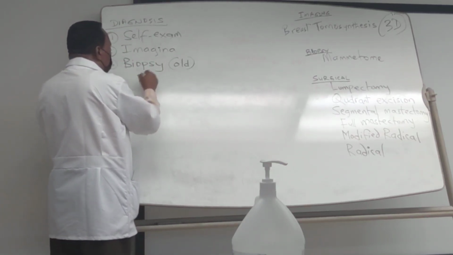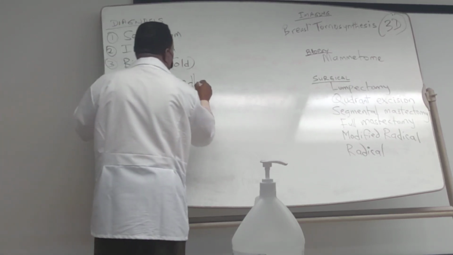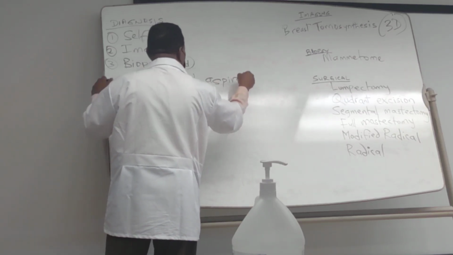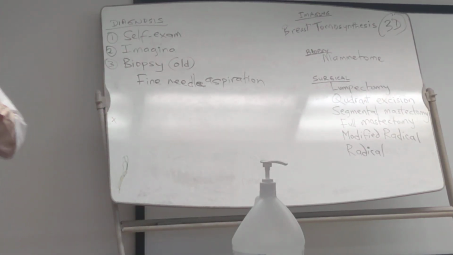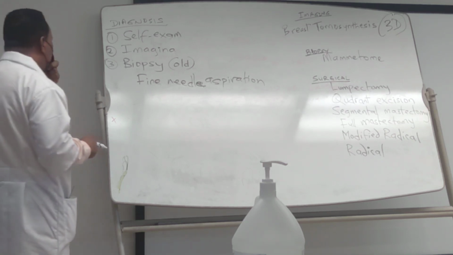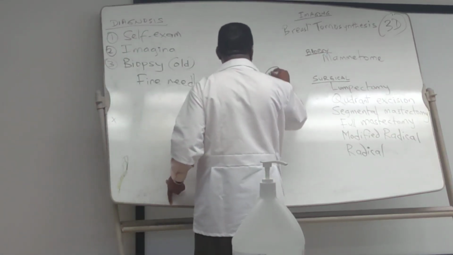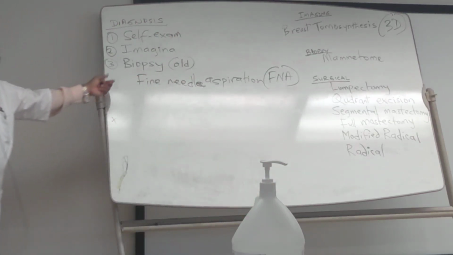Now you have the fine needle system. That is called fine needle aspiration. So a very fine needle is just threaded through the breast to take a sample of the cancerous tissue. So fine needle aspiration, if you ever come across what they call FNA, that's what it means, fine needle aspiration.